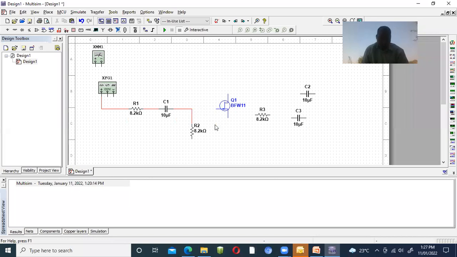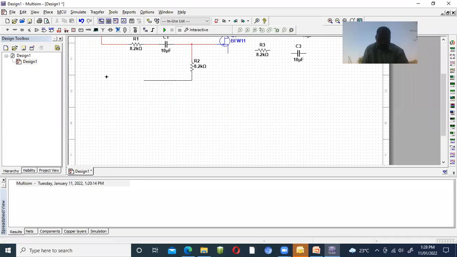After all that, this goes towards the ground, so that this should be connected here, and after all that it should go towards the upper part.